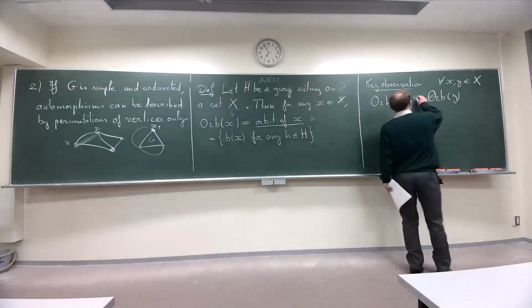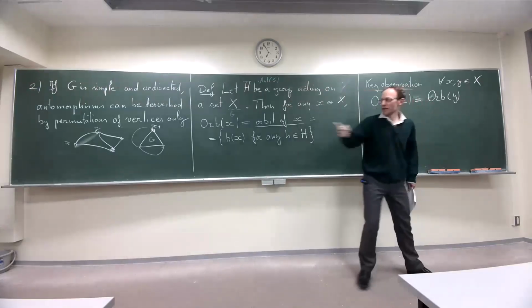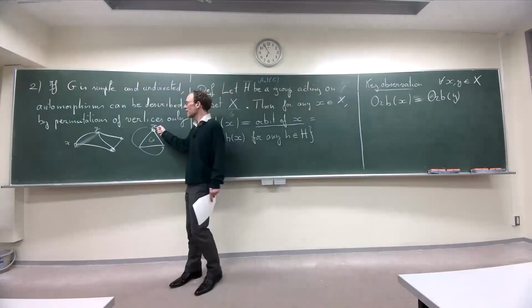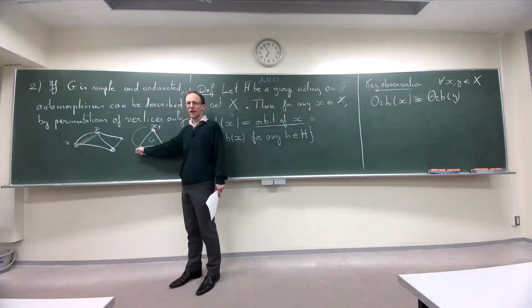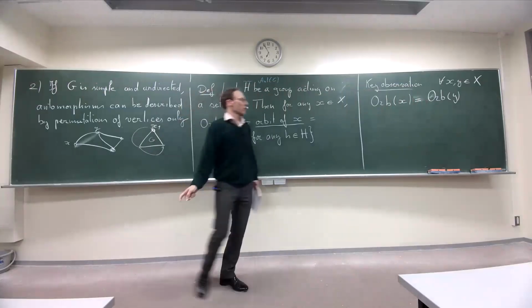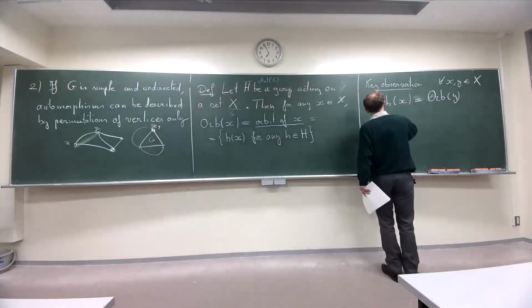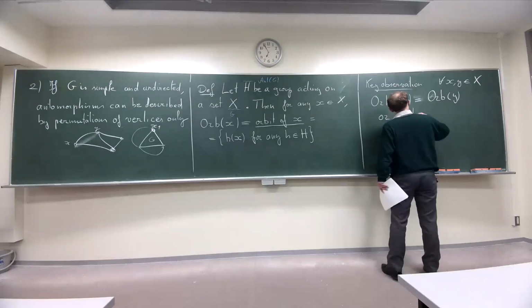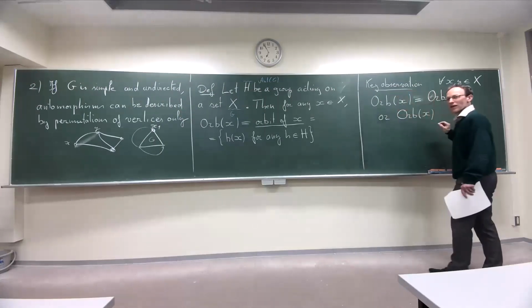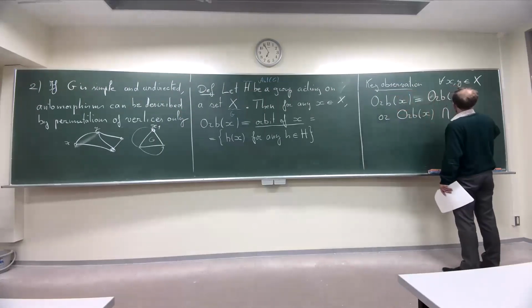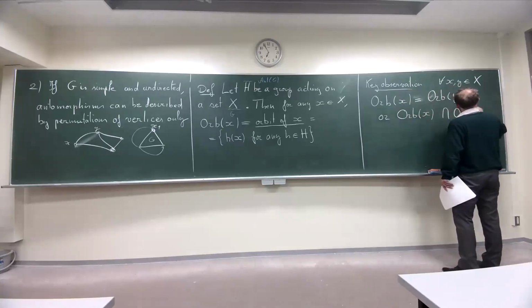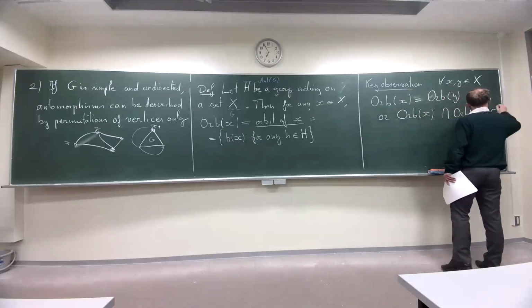Either you have an equality, and this is what happened here. I started with X1, but if I start here and I take the orbit of X2, I get the same three points. So you have either an equality or what? No intersection, yes. It is the empty set, nothing.